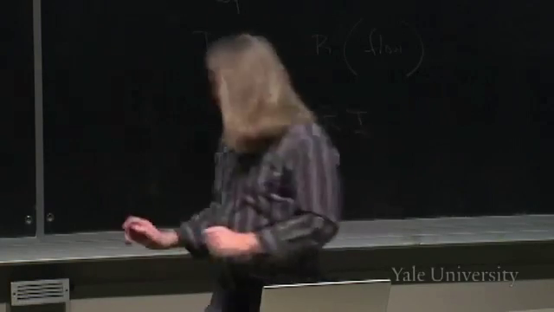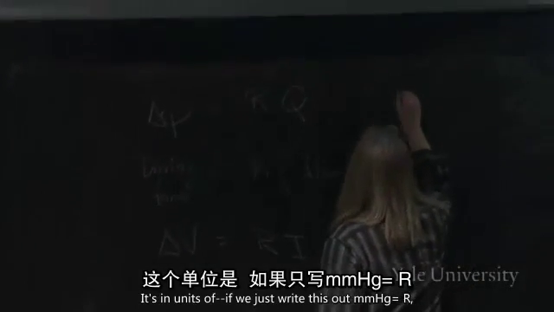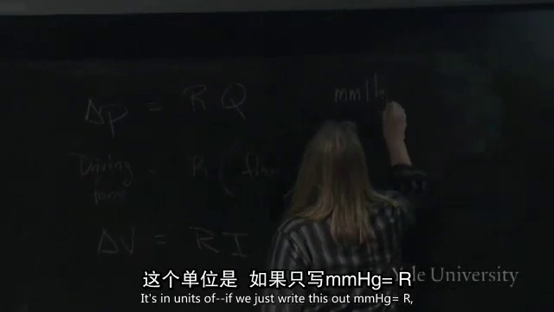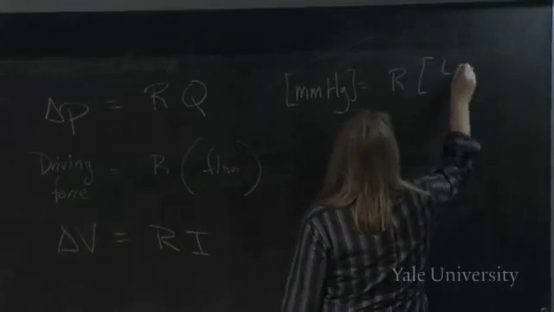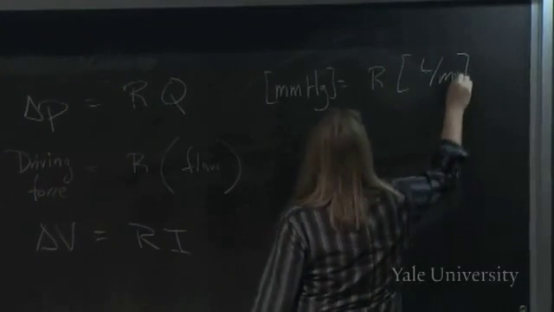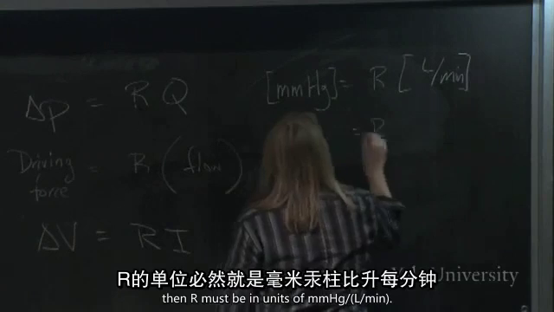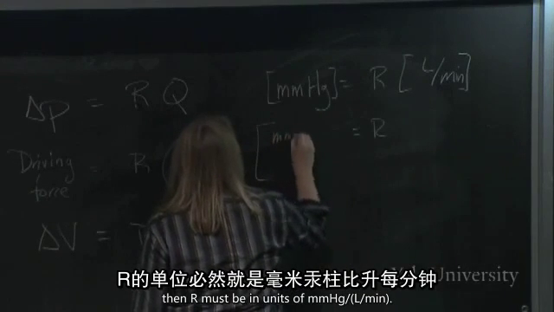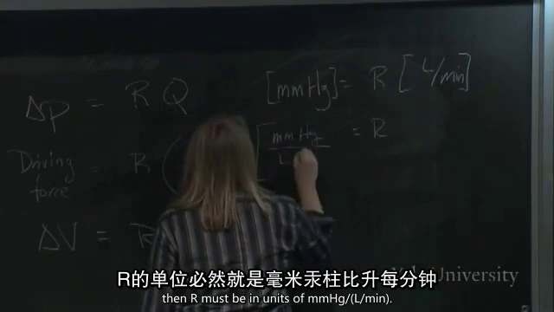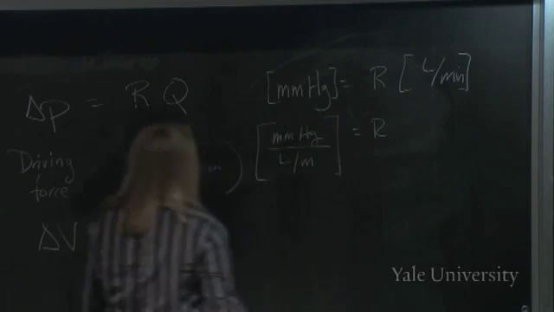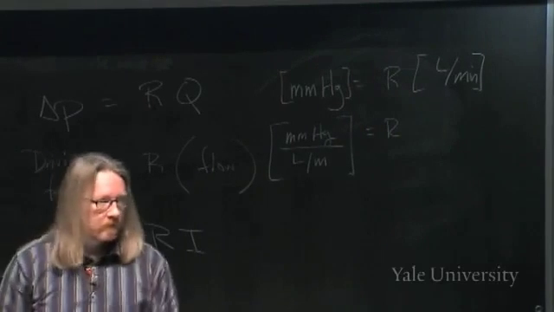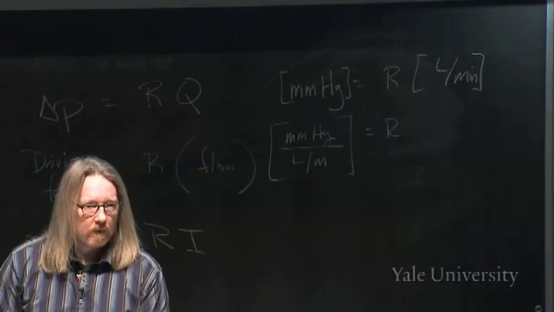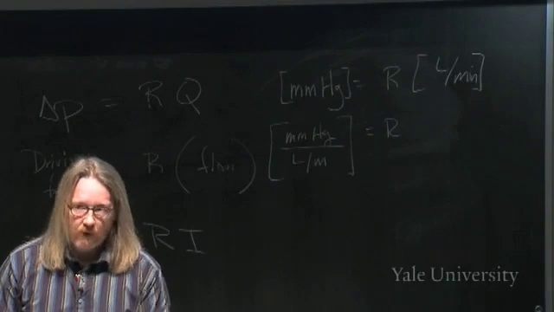If we just write this out, millimeters of mercury equals R, and this is liters per minute, then R must be in units of millimeters of mercury per liter per minute. Okay.